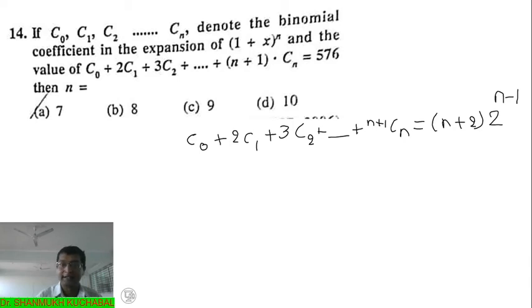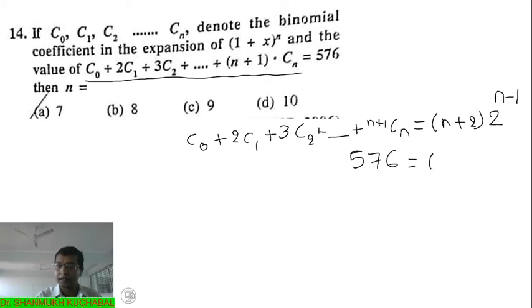Further, it is given that this is equal to 576. So I take this whole expression as 576 equal to n plus 2 multiplied by 2 raised to n minus 1. Here we have several options. Option A is 7, option B is 8, next 9 and 10.